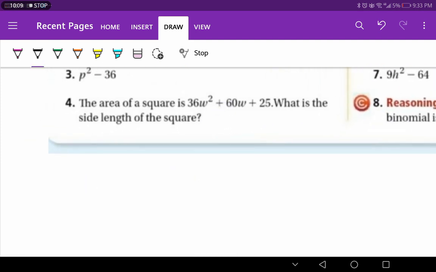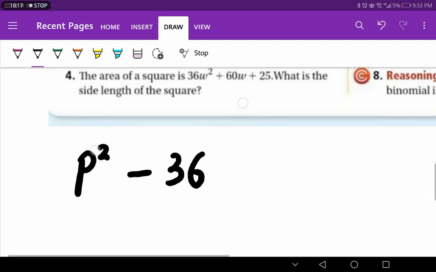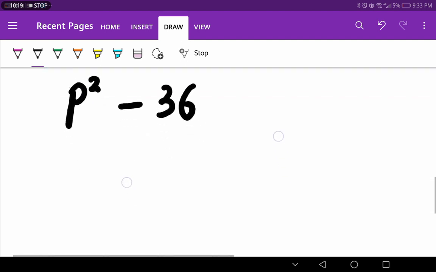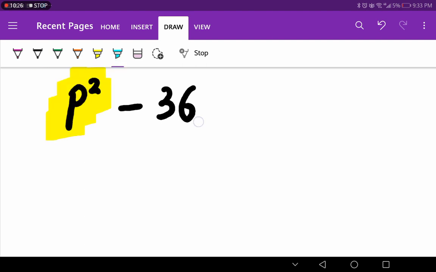See, it is p square minus 36. Actually, this is a special case. If you have square and square, it is very important to check this is minus. So if it is a plus, this situation will be different.